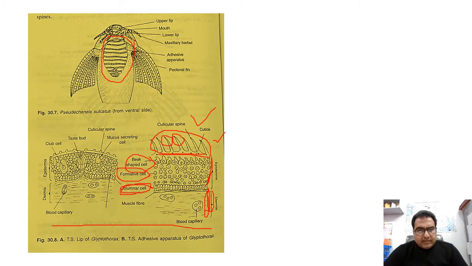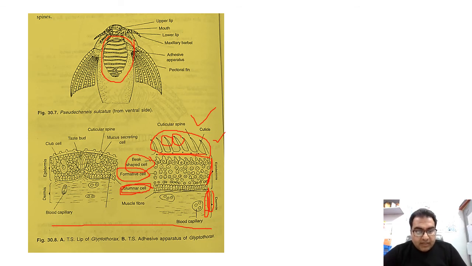So it is because of the vacuum produced by these very ridges and grooves, which are present on the adhesive disc, that it helps in the attachment to the rocks. So in the case of certain cyprinid fishes such as Schizothorax and Garra, there are certain cuticular spines which help in the attachment.